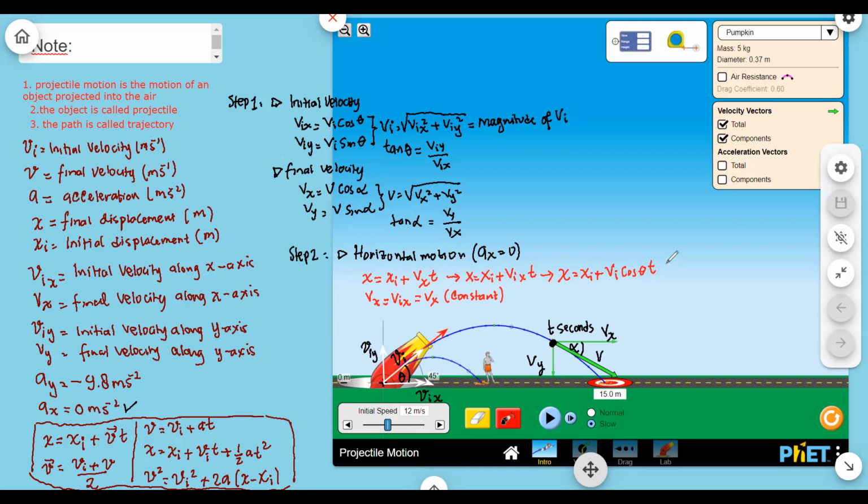We assume that xi is equal to 0 meters. And then the result is x equals Vi cos theta times traveling time. So this is used to find the range of the projectile motion.